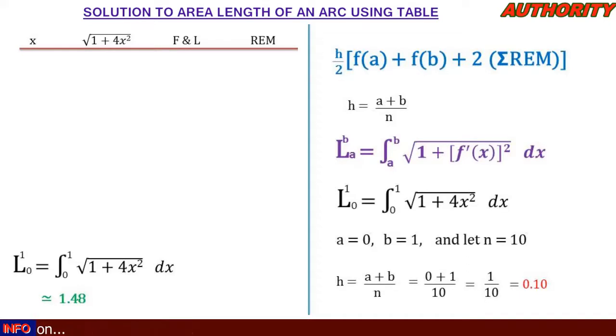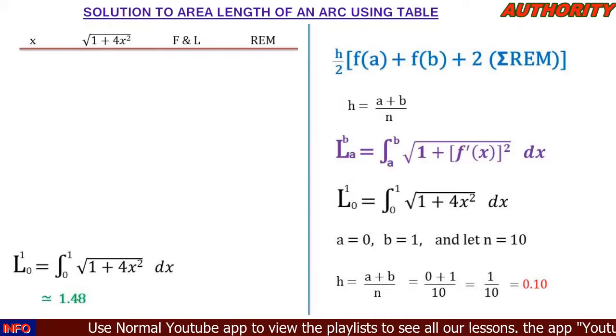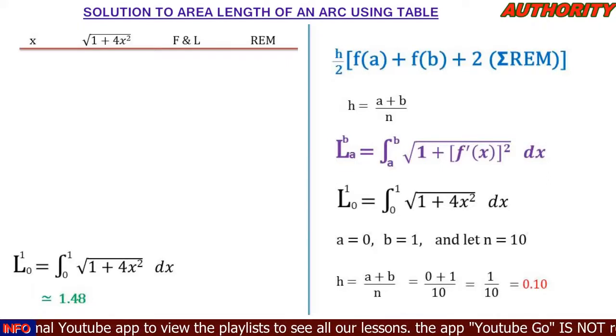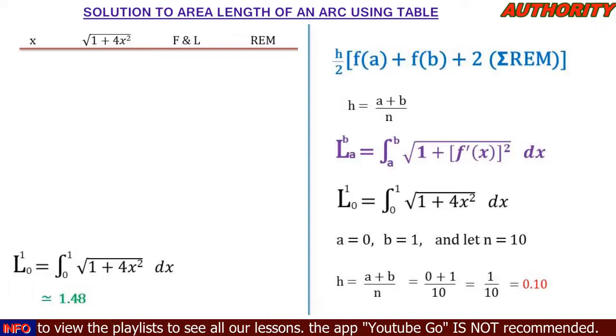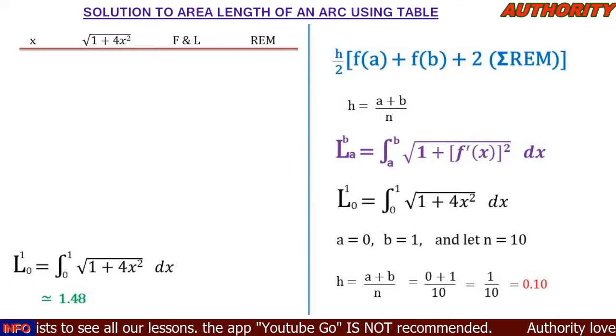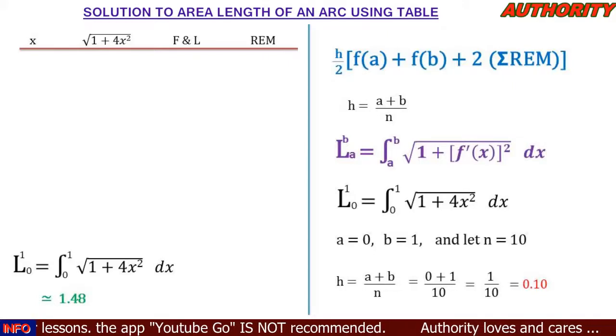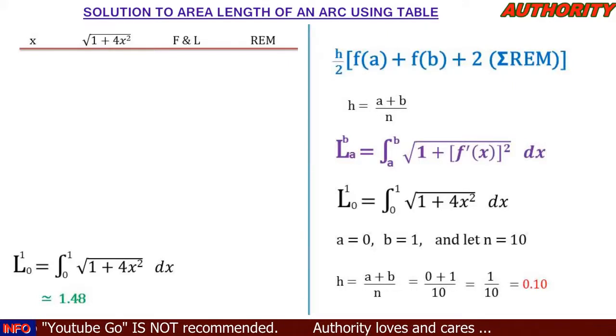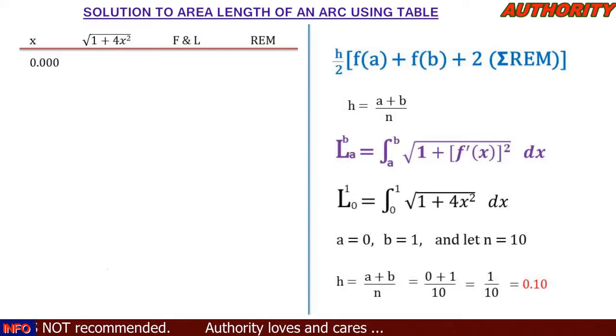Now you give a space and write F and L, that is first and last. And then we give a space again and write rem, that is remainder. Now we have chosen n to be 10. The first number under x, we're going to start with the lower boundary, which is 0.000.